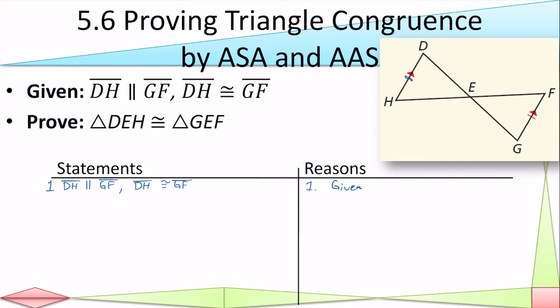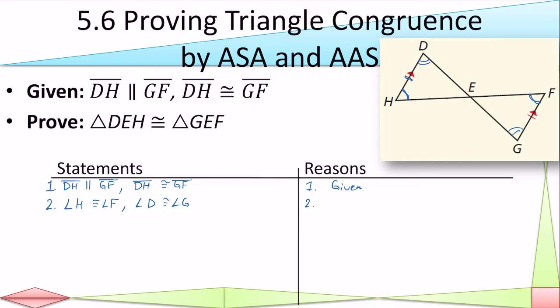Well, if the lines are parallel, then we'd know that the alternate interior angles are congruent. So for step 2, I could say angle H is congruent to angle F. Oh, but wait. D and G are also alternate interior angles. So I could say they are congruent.